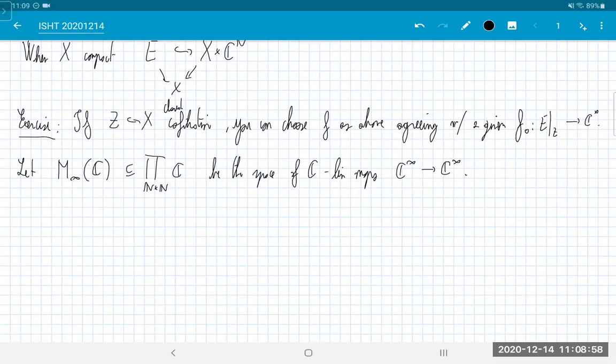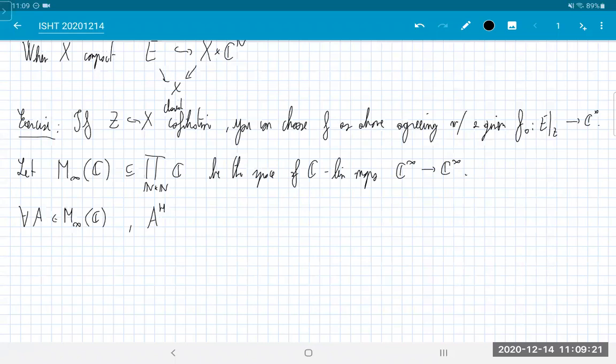And you can compose them, and you have, for example, for every A in M infinity C, a notion of conjugate transpose, as usual. Just transpose it. This actually works only if A has finitely many non-zero horizontal entries.